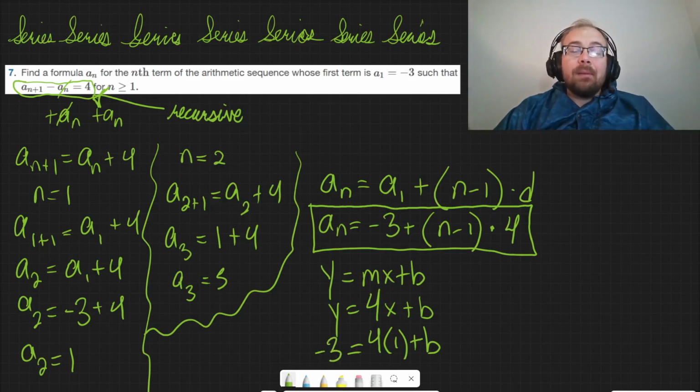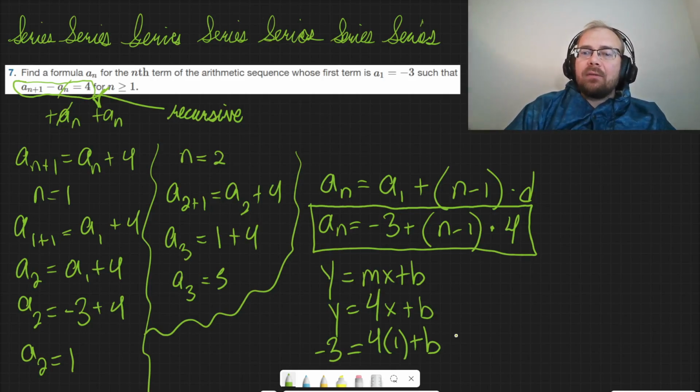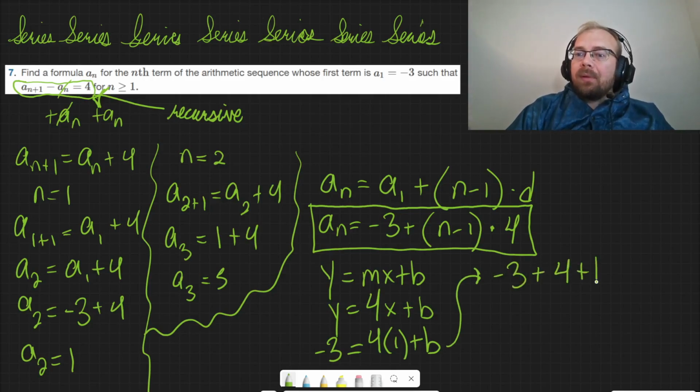So a sub 1, which is basically the y value, equals... I'm going to move this over here because I'm running out of space. -3 equals 4 times 1 plus b. Equals, not plus. I knew something seemed a little off there. And then I would subtract 4 from both sides, and then b would equal -7.